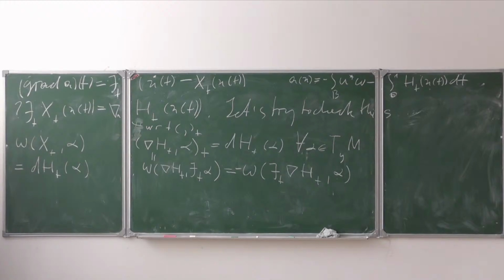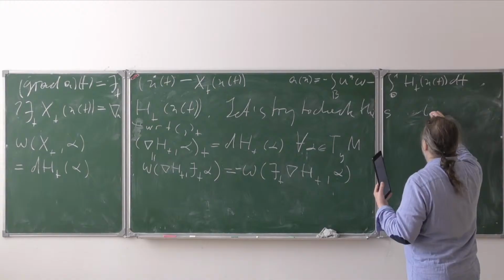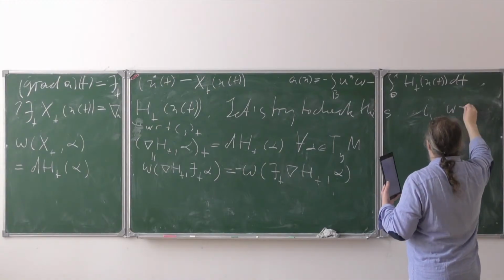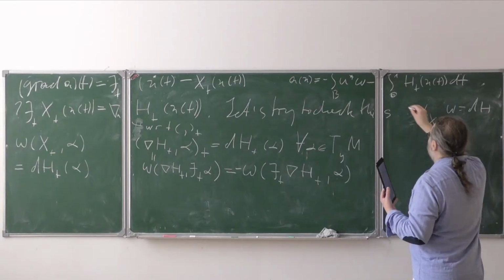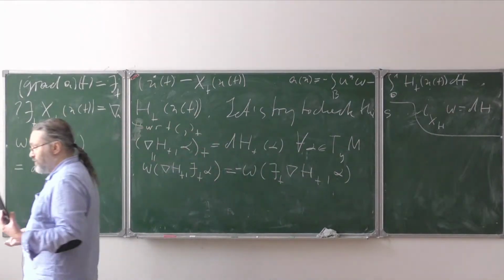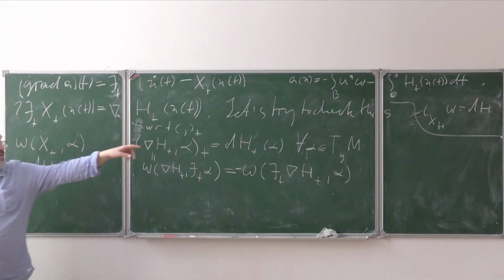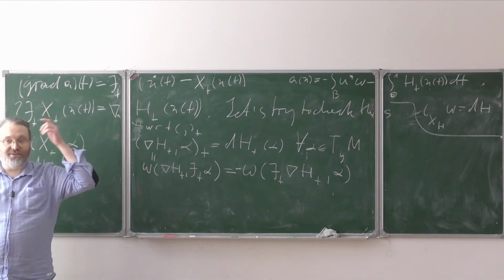Okay. Well, he says i_{X_H} omega is dH, which is brilliant because the problem is the same. Do we substitute X_H in the first place or in the second place?